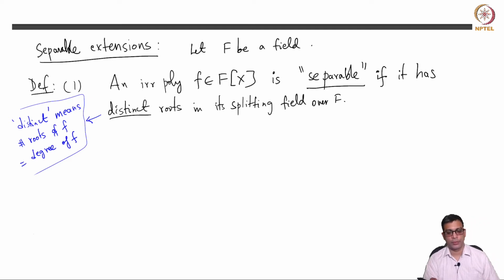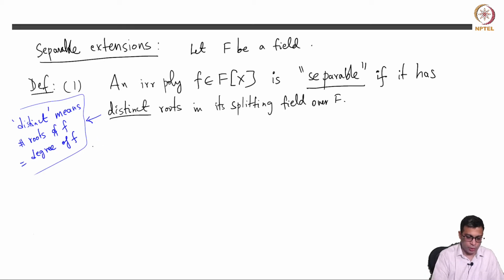So in fact, most polynomials that you are used to, if you work with characteristic 0, for example, every polynomial has this property. Okay, so it is difficult to find a polynomial which doesn't have this property, but they do exist. So I'm going to come to that after I complete the definitions. I'll give you some examples.